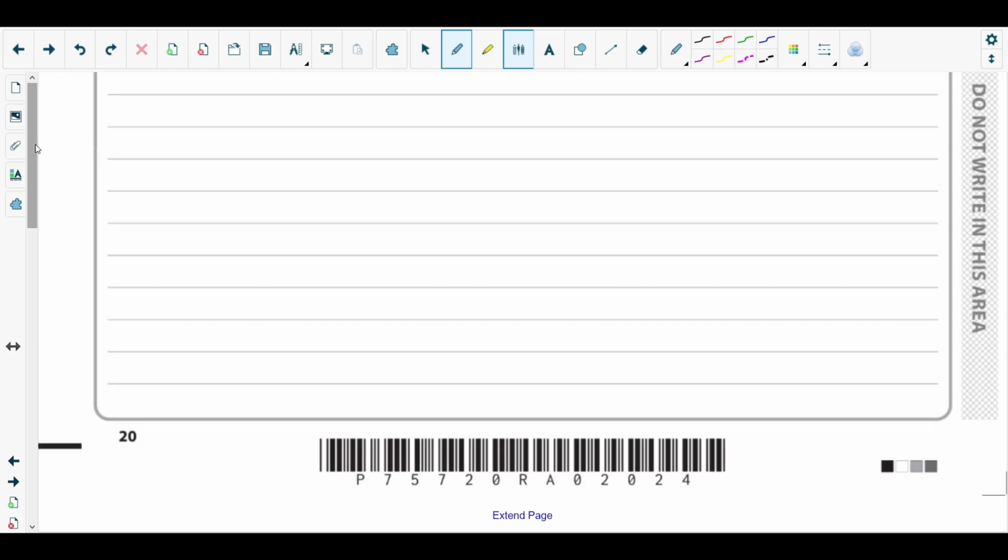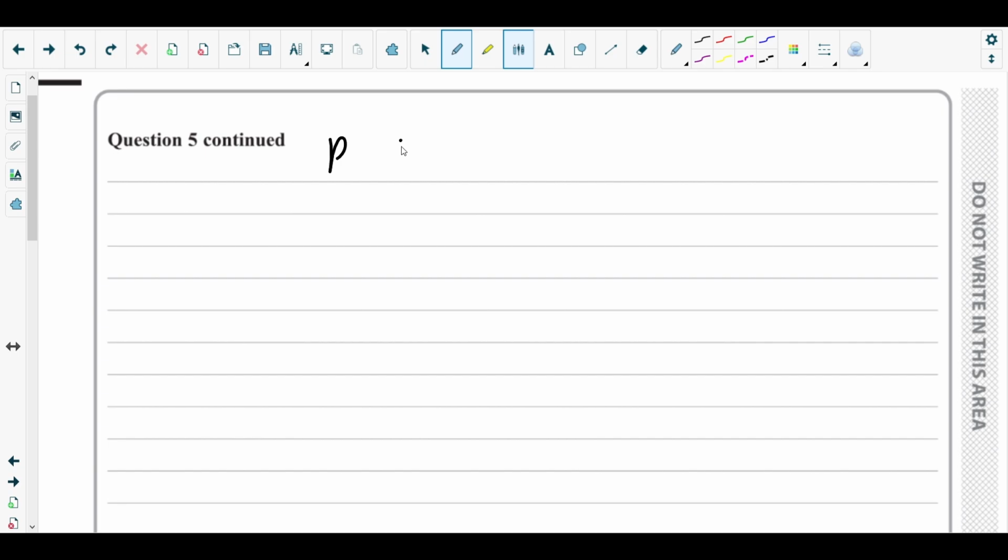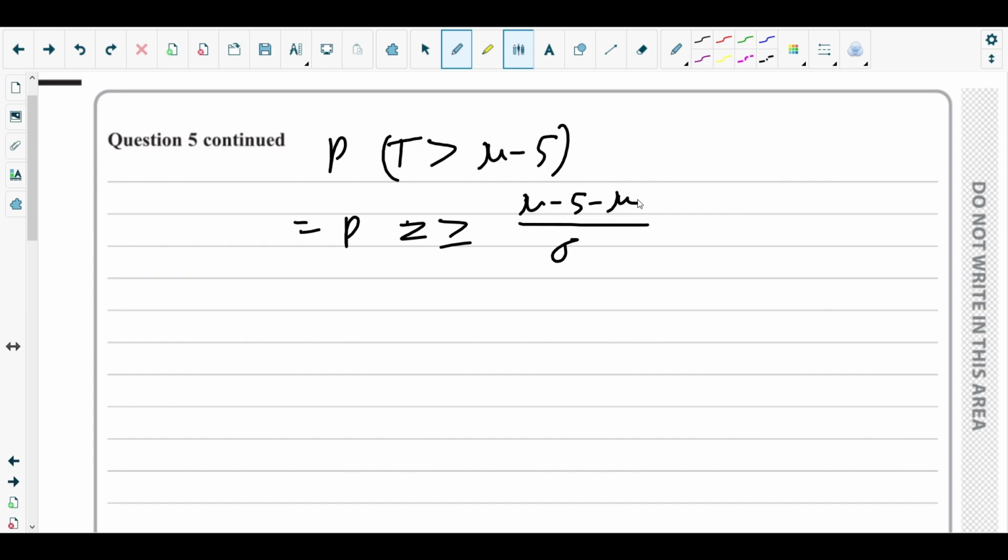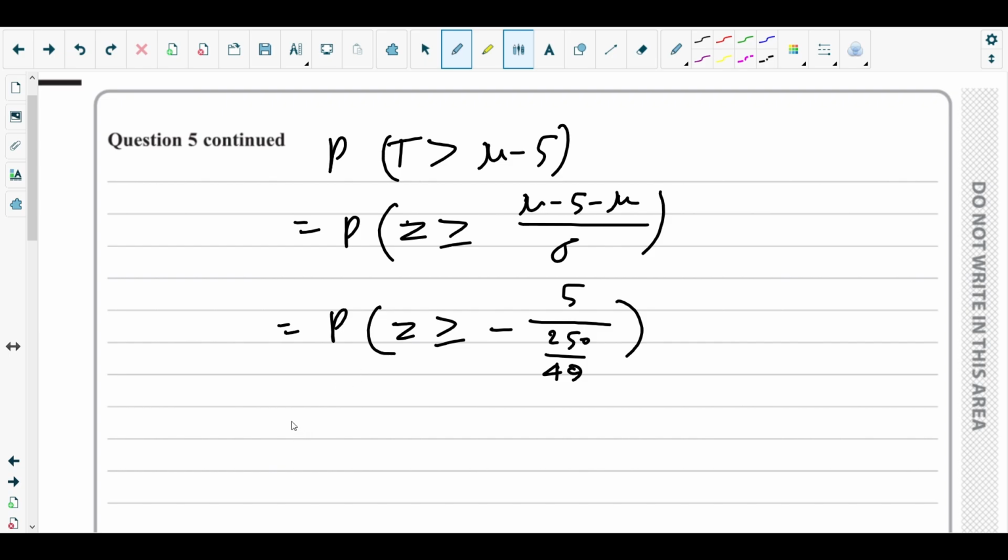So standardize: mu minus 5 minus mu, over sigma. Mu cancels out, and we already know the value for sigma, so you can easily find out the probability.